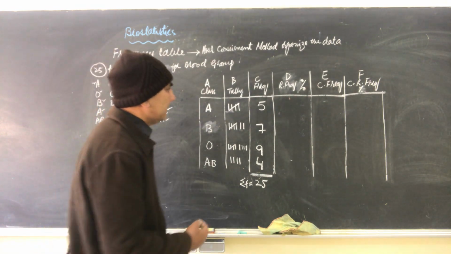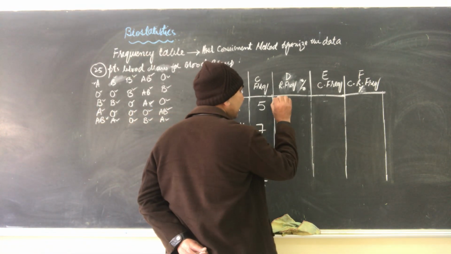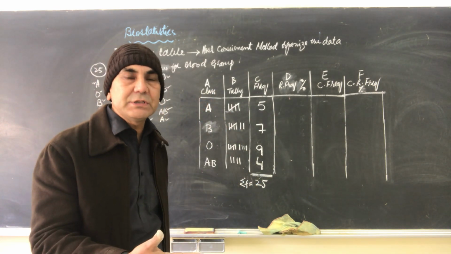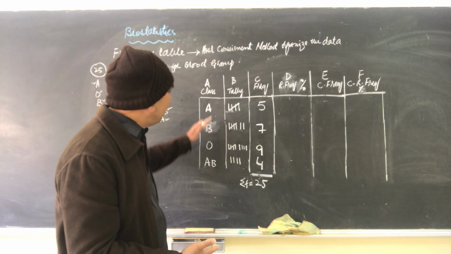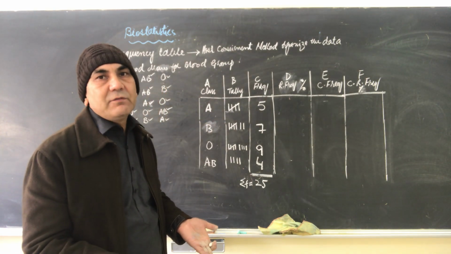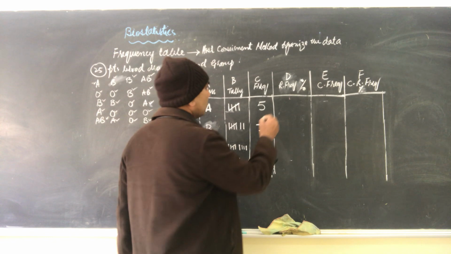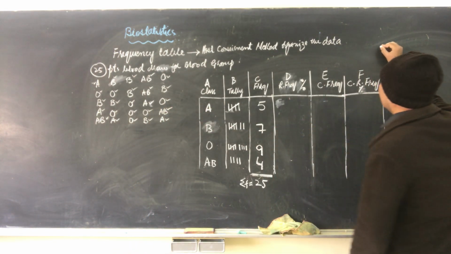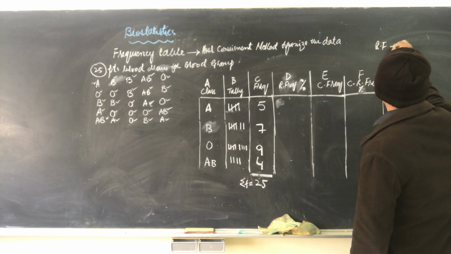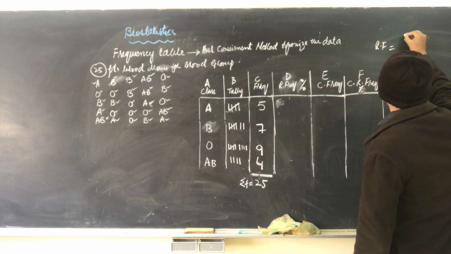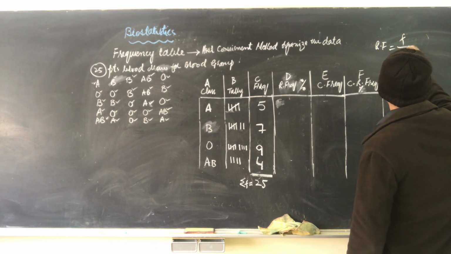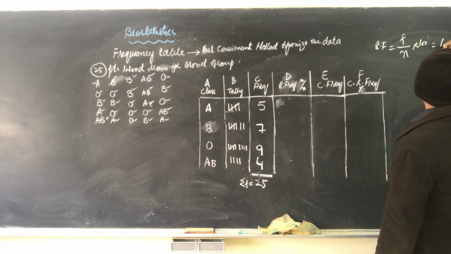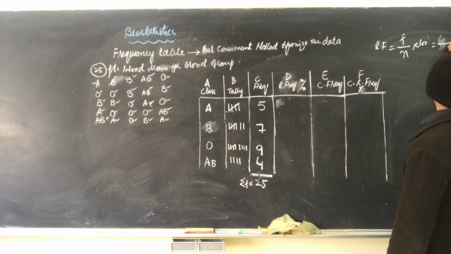For the relative frequency, we will see what proportion or percentage each frequency represents among the 25 sample size. The formula for the relative frequency is the frequency divided by the total number, multiplied by 100, so it comes up as a percentage.